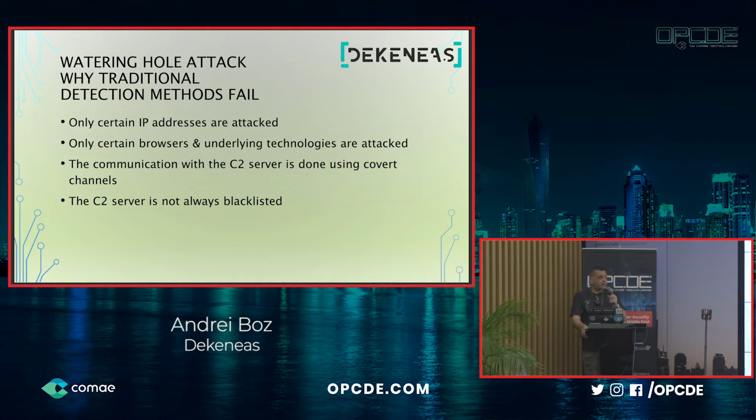So if an analyst tried to understand what was going on, and didn't run the analysis from an IP address that was in the targeted list, he would practically see nothing weird, nothing suspicious.